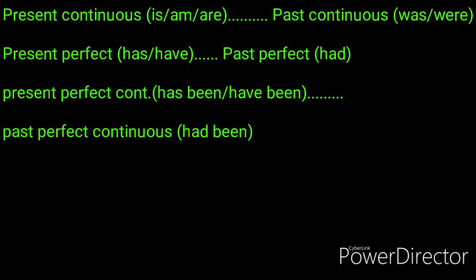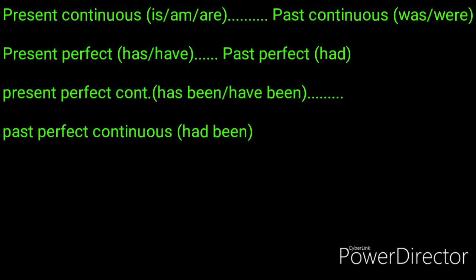Present perfect tense. Present perfect tense has two helping verbs, has and have. Present perfect tense is changed into past perfect tense, means has or have is changed into had. Next, present perfect continuous tense. Has been or have been are the helping verbs of the present perfect continuous tense.